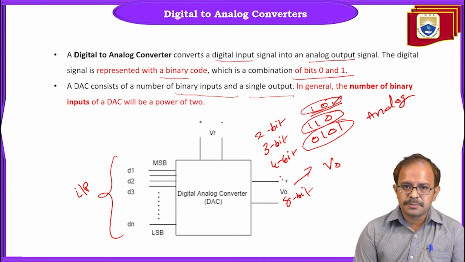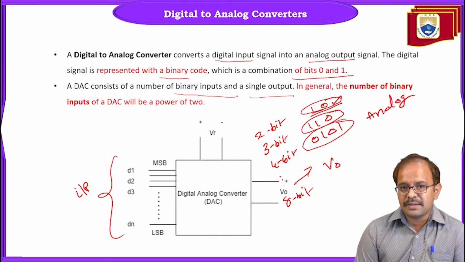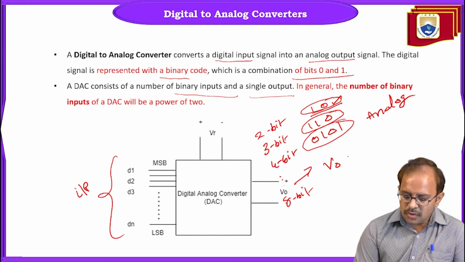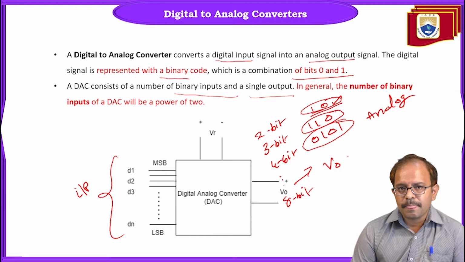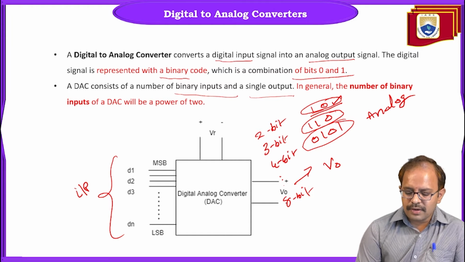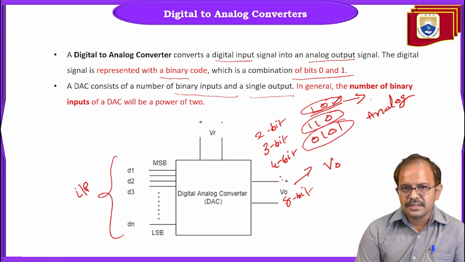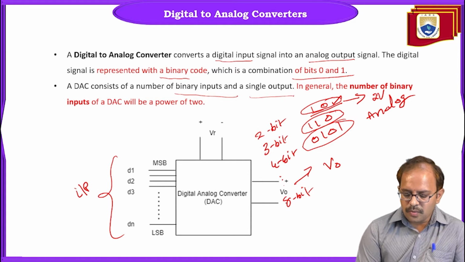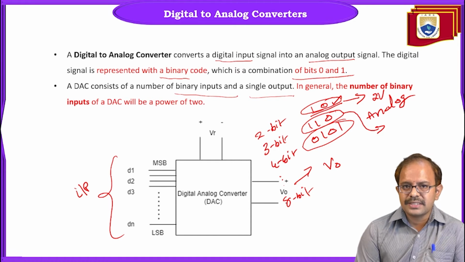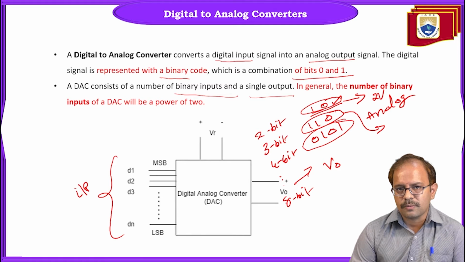Since the analog signal is going to be expressed in terms of some certain magnitude or some volts, what is the magnitude of the signal for the input data 10? It will cause, let us say, 2 volts. For example, if we are designing a 3-bit DAC, what is the output voltage for this 3-bit data 110?